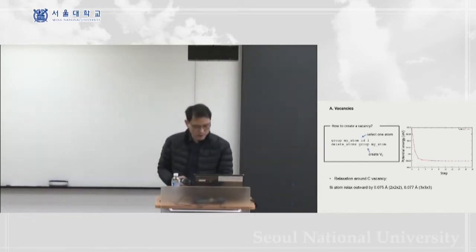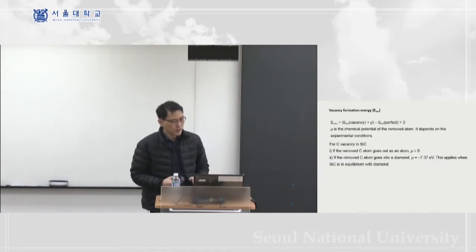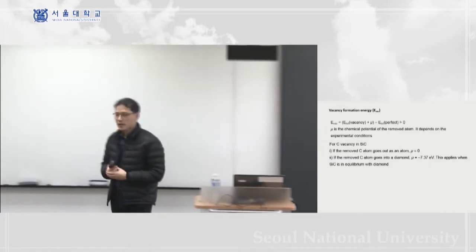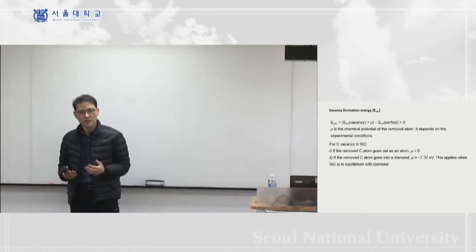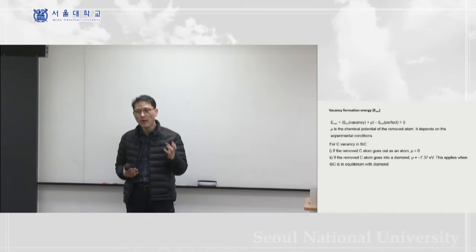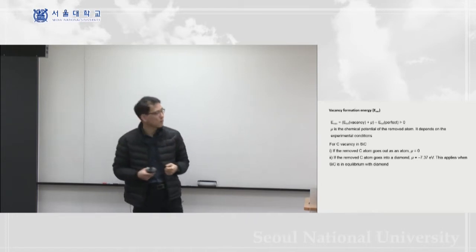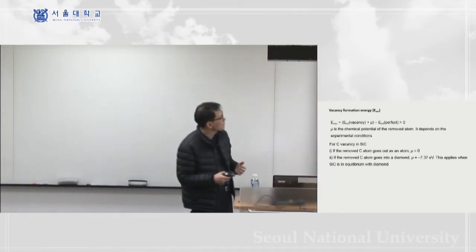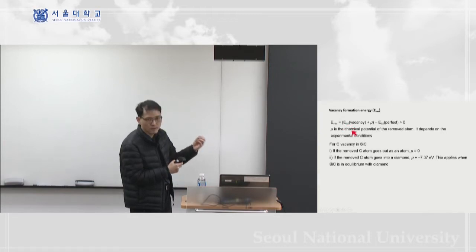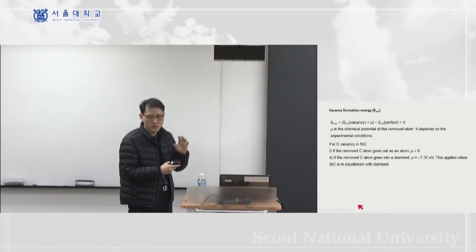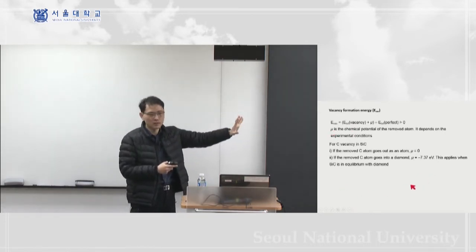Okay. So what we can learn from this defect calculation is the vacancy formation energy. This is the energy to create one vacancy. The thermodynamic definition of this defect formation energy is, since you have removed one vacancy, the difference from one system to the other, right?